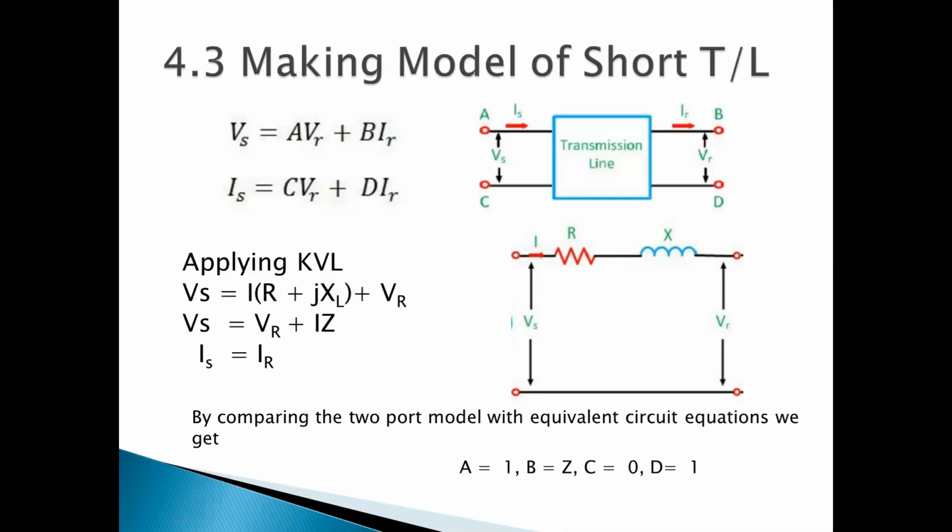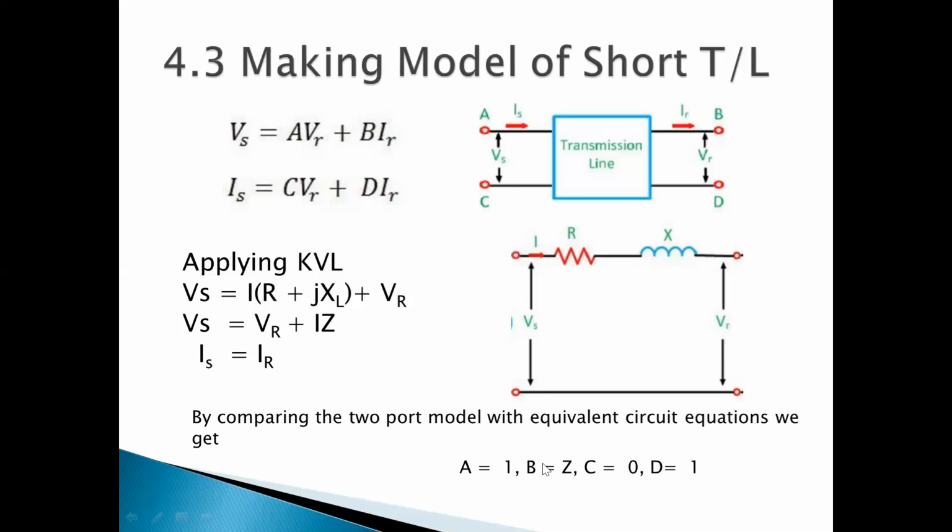So these are the constants of our model, A, B, C, D. There are four constants, A, B, C, D, even in medium transmission lines and in short transmission lines. If we know the constants, we can find the other values. So these are important. In medium and short transmission lines, you always have these constants. If someone asks you to find the constants A, B, C, D of a short transmission line, you already have two constants.